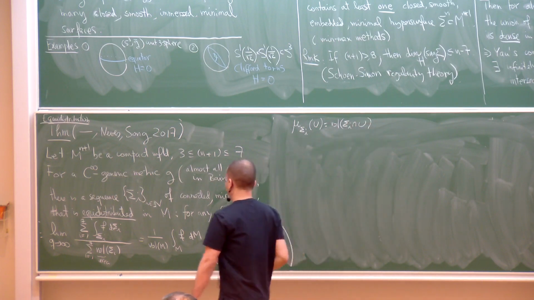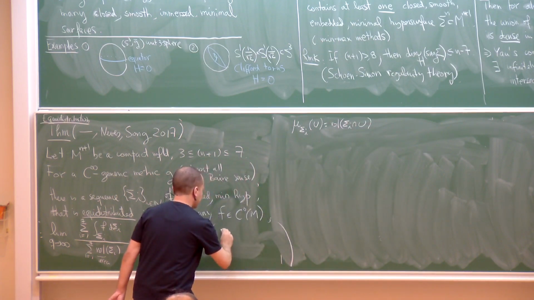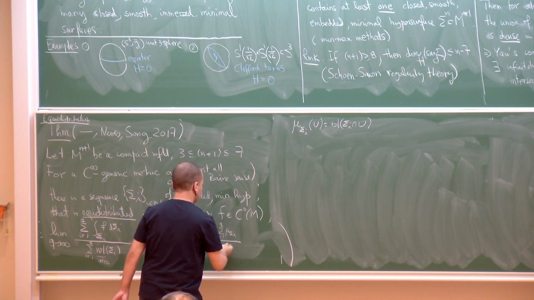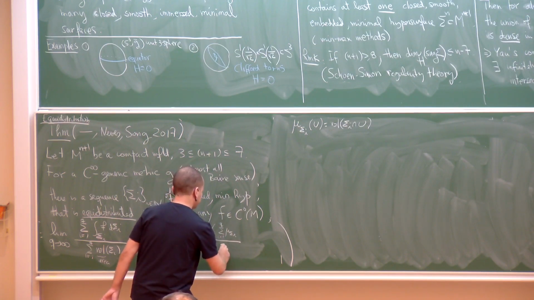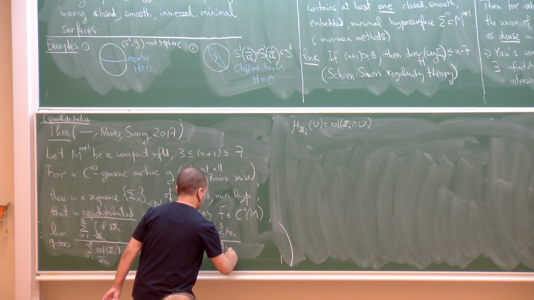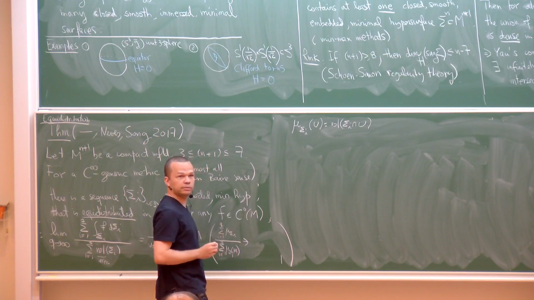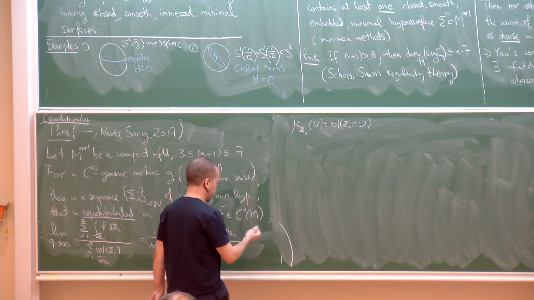What I'm saying here is that if I sum up these measures, and normalize so that the total measure is 1, this is converging to the Lebesgue measure of the manifold, normalized.